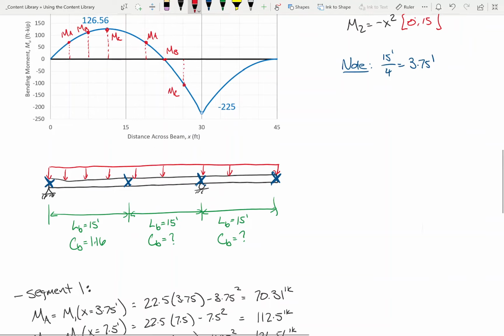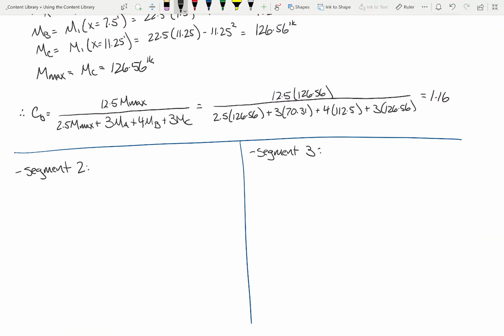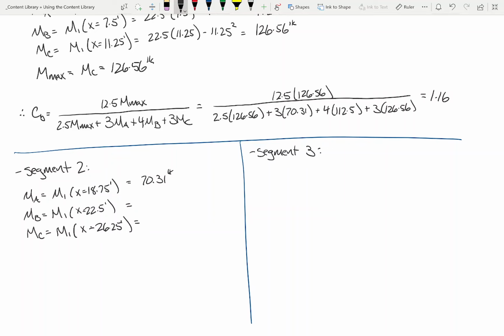So what we're going to do here is MA is going to be M1, MB, I'm going to use the M1 function, MC, I'm going to use the M1 function. Because that expression is valid through x equals 30, just keep using it at quarter points. When you chug this out, you get 70.31. This one is in fact 0. And this one is negative 98.44.